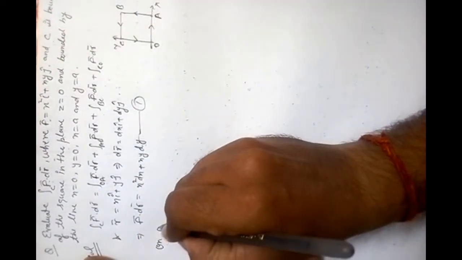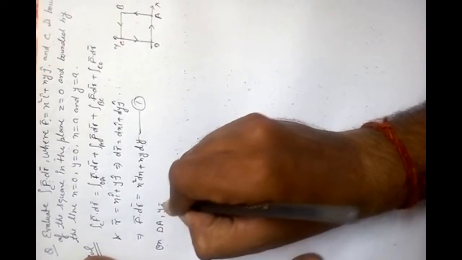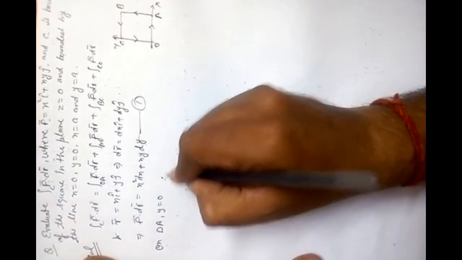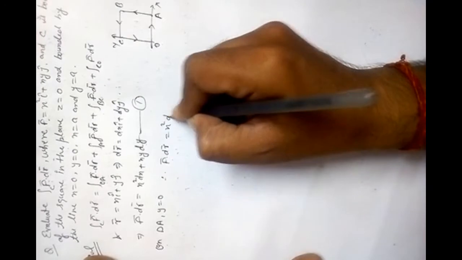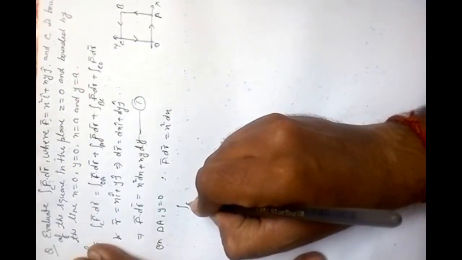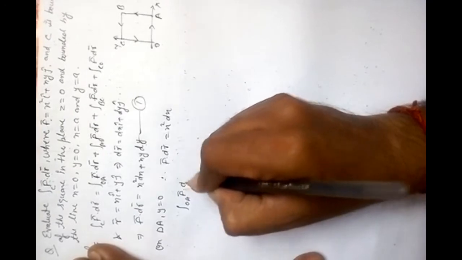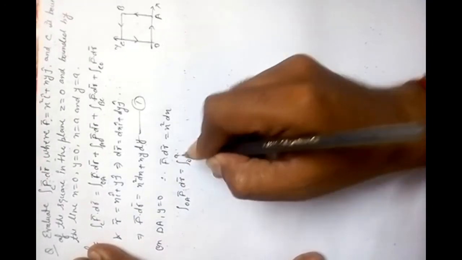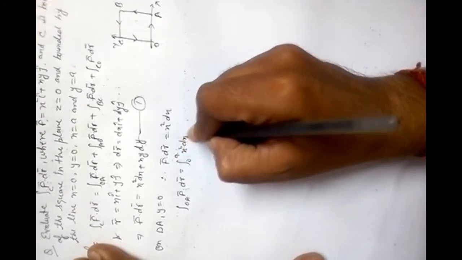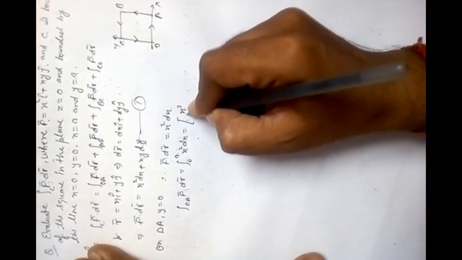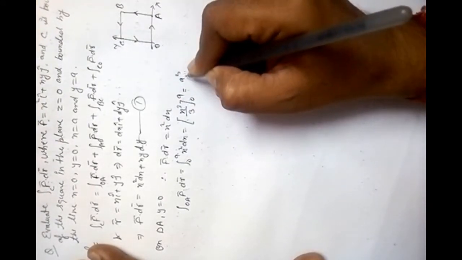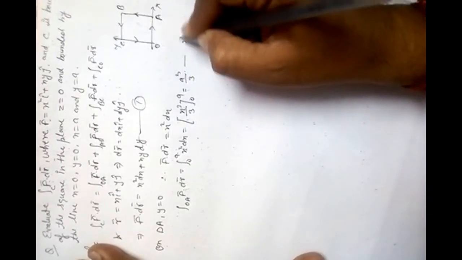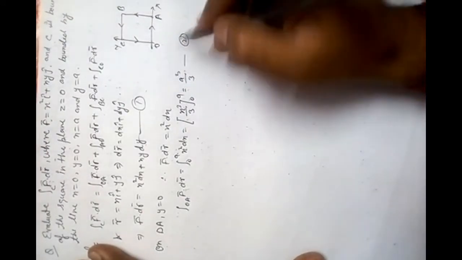Okay, now on line OA y is 0, therefore f dot dr is equal to x square dx. Then integral OA f dot dr is equal to integral 0 to a x square dx, that means x cube upon 3, and limit 0 to a, that means a cube by 3, equation 2.